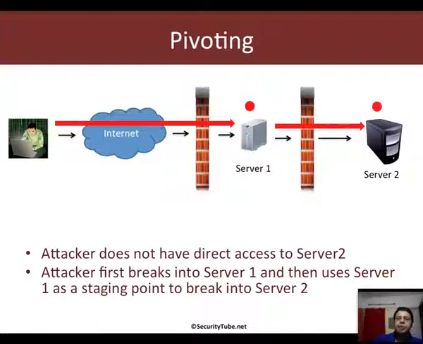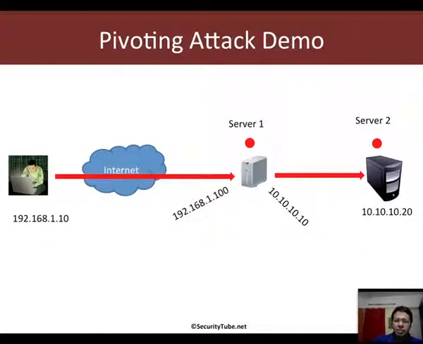Let me show you a demonstration of how pivoting works with Metasploit. Before that, here is the scenario we are going to use. The attacker has an addressable IP 192.168.1.10 with which he can access server 1, which is at 1.100.